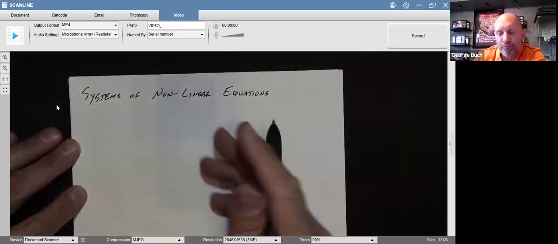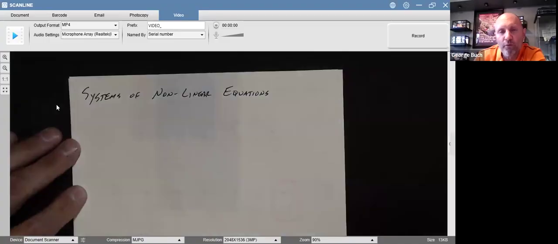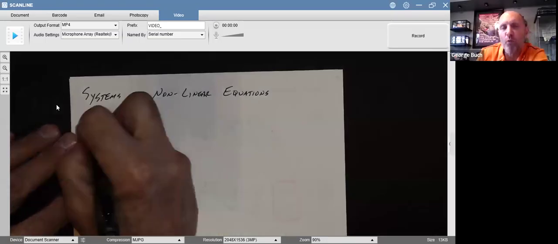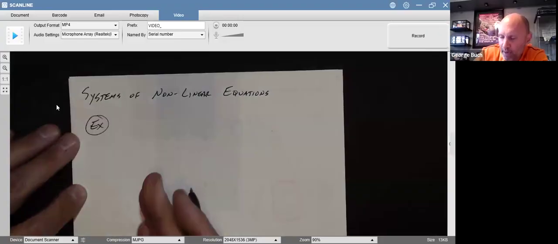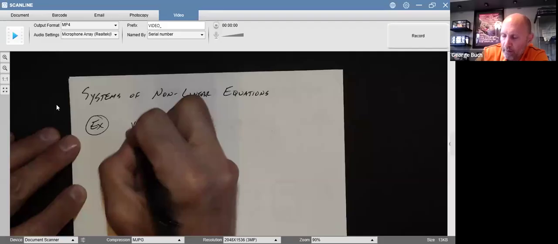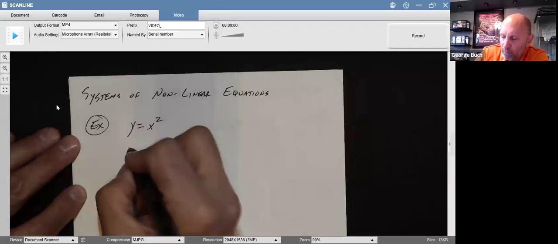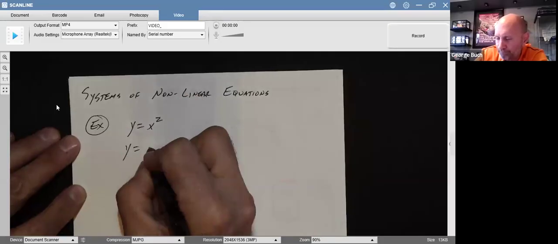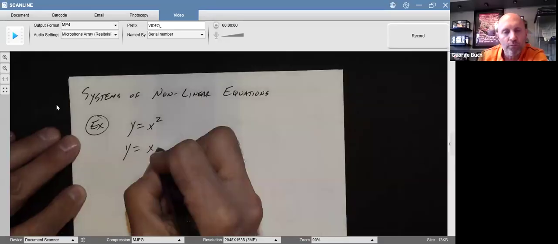It means that we have one or more variables that aren't to the first power. So maybe we have an x squared, maybe we have a y squared, maybe we have both. That would be a system of nonlinear equations. And again, just as an example, maybe I have y equals x squared, and then I have y equals x plus 2, something like that.